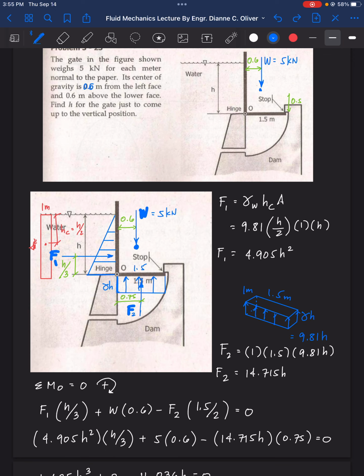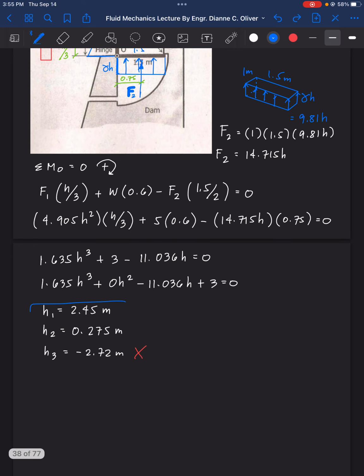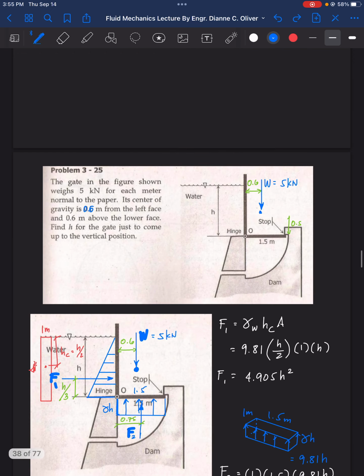It's actually asking for the minimum value of h that could just come up to the vertical position. So the values that we get here are actually the limits, h1 being the highest value of h and h2 being the lowest value. Meaning, if h is equal to 2.45, the structure will stand erect.